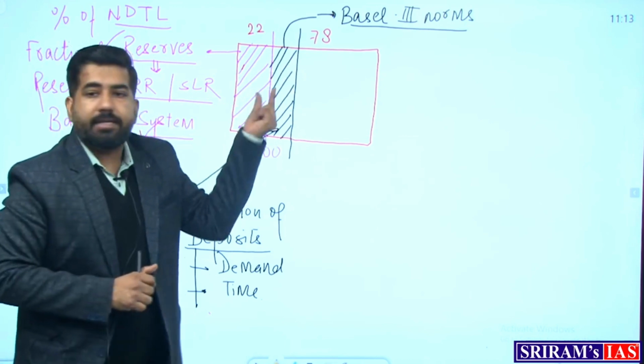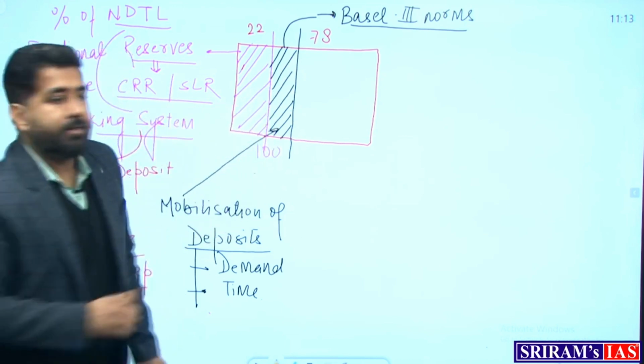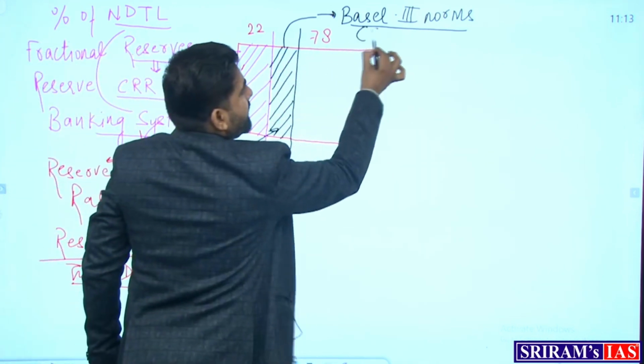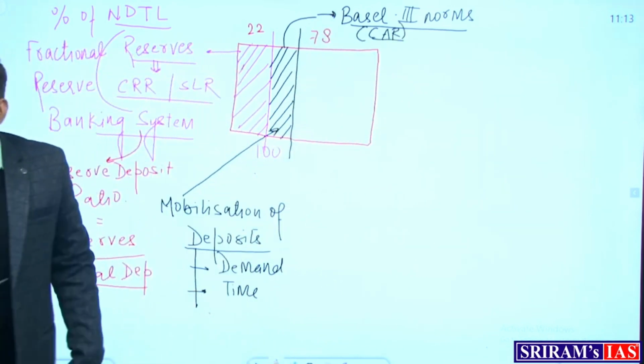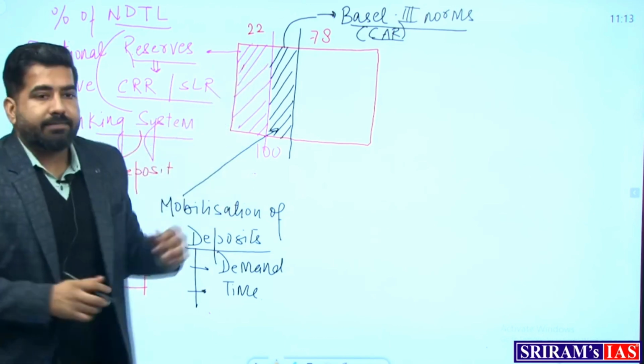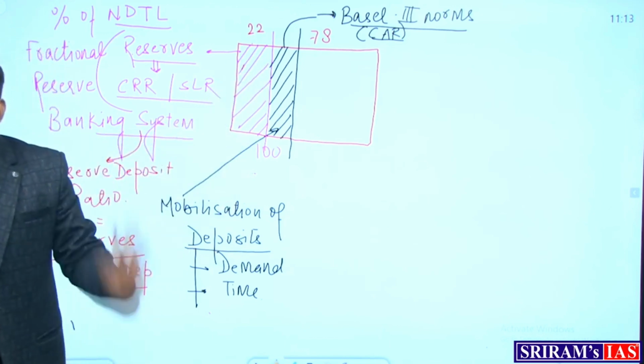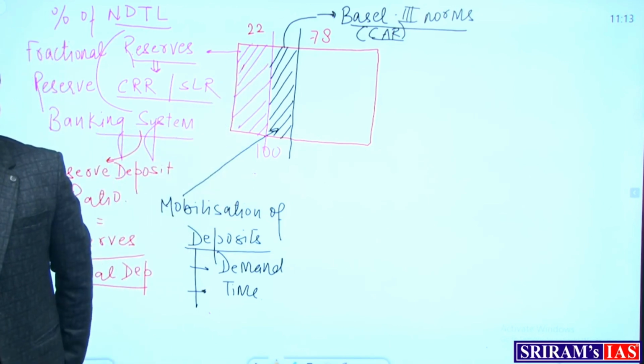This is how it is determined. I'll tell you the concept known as capital adequacy ratio. You must have heard of it, but I'll explain it also. So this part of the capital again cannot be used for lending purposes.